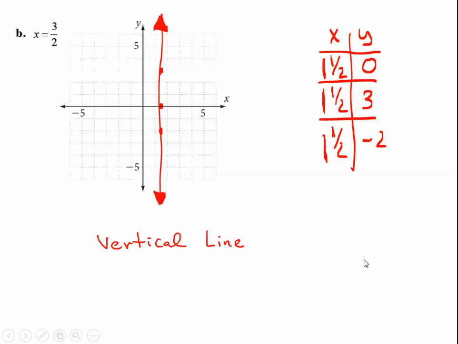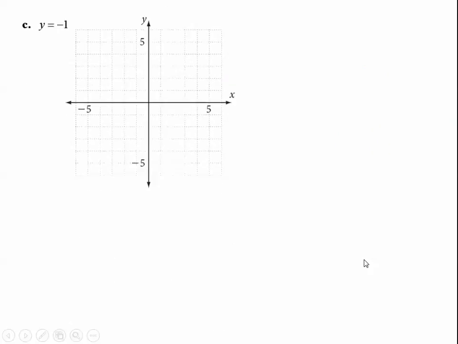And of course the other one. Now this time the x is missing, so y is equal to -1.